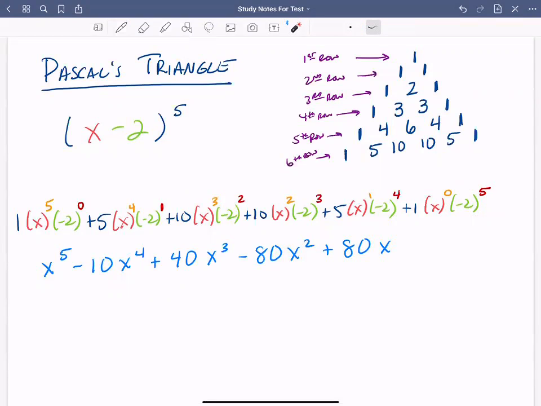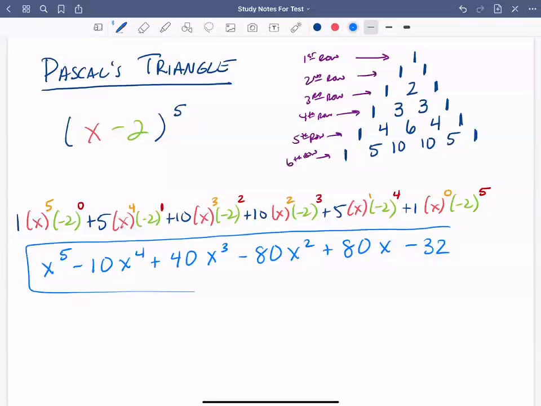And -2 to the fifth is -32. Sorry, -32 times +1 will give us a -32. And like we said previously, anything with 0 power is just 1. So x to the 0 power is just 1. So there is no variable back here. So this is your solution to x -2 to the fifth power.